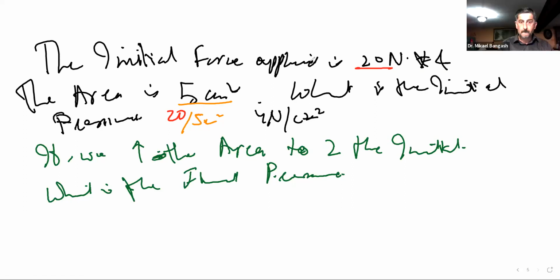Now, we can say, okay, we keep the same pressure, 20 newtons per centimeter square, or 20 newtons, right? And we double the area.